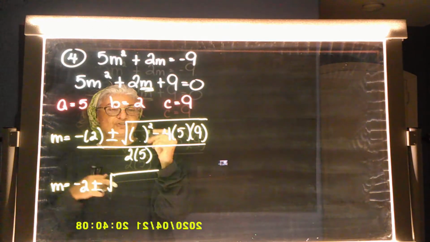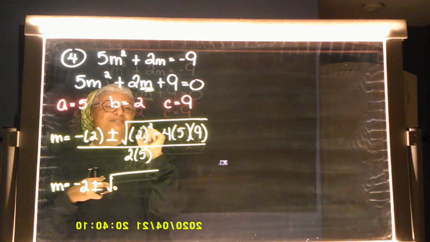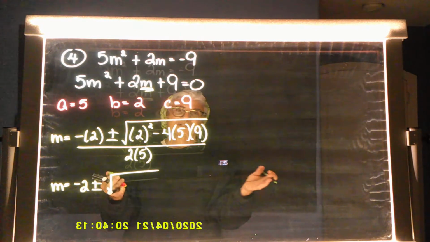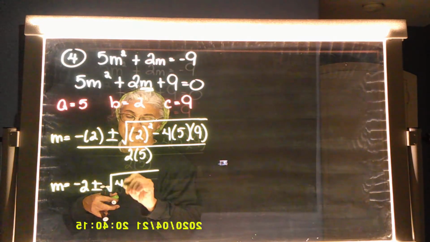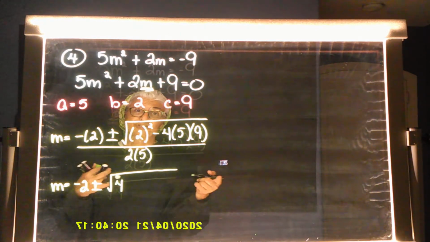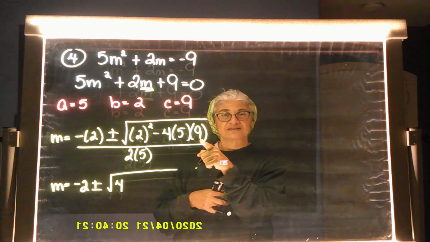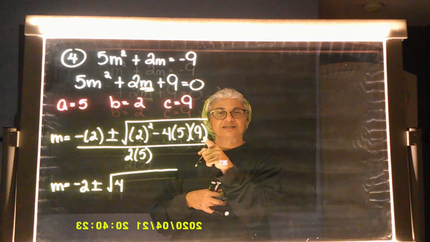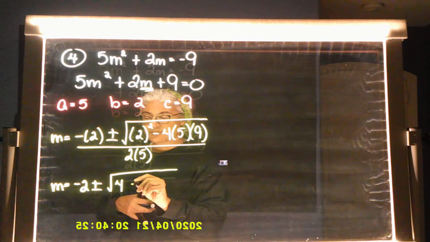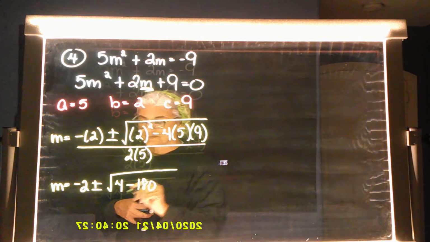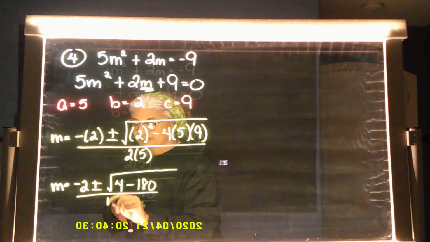See, this is why I need you to do the work with me. So 2 to the second. And 2 to the second is, yep, 4, which is what my brain already knew. Okay, so 4 times 5 is, good, 20. 20 times 9, good, 180. All over 10.